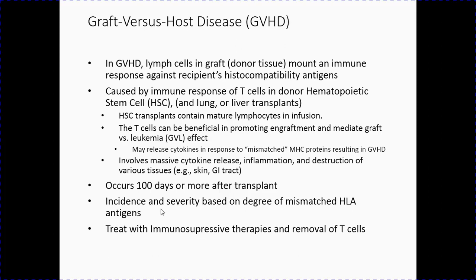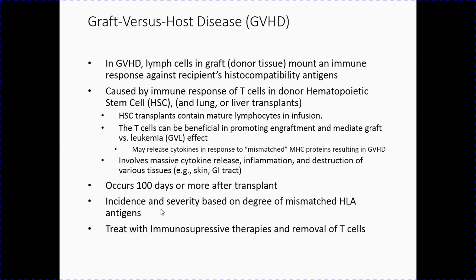A few of those mature immunocompetent lymphocytes are actually very good for the stem cell transplant. They can help the transplant to engraft into the bone marrow and other sites of extramedullary hematopoiesis, and they can also mediate something called the graft versus leukemia effect, or the GVL.